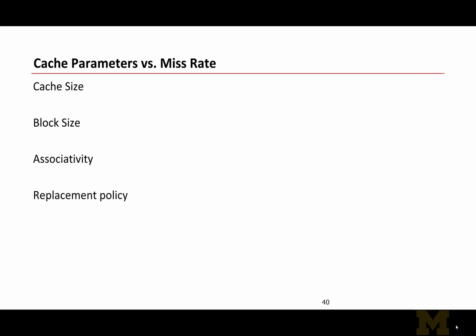And the answer often depends upon your target applications that you would like to run and the processor technology that you're trying to leverage: the processor's clock frequency, how long does it take to go to the main memory, etc. So there's no one right answer for these parameters, but we can come up with a set of design principles that would govern how to choose them.